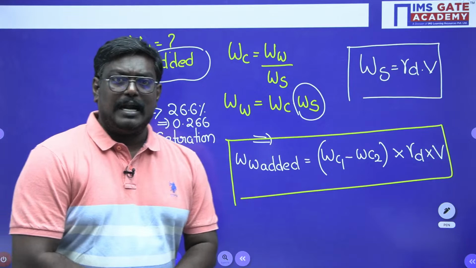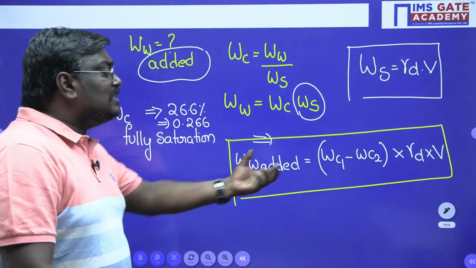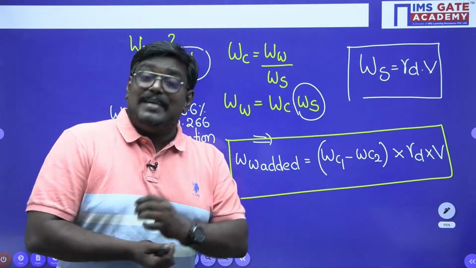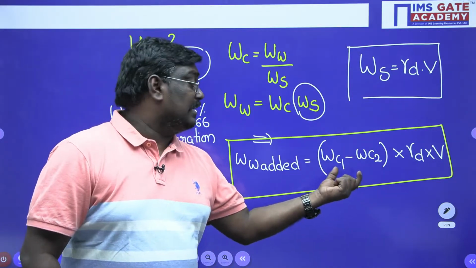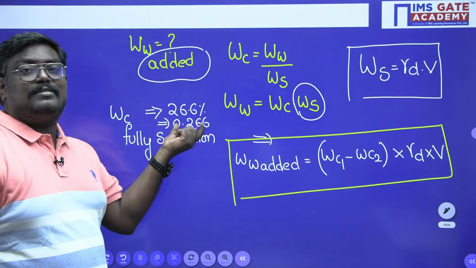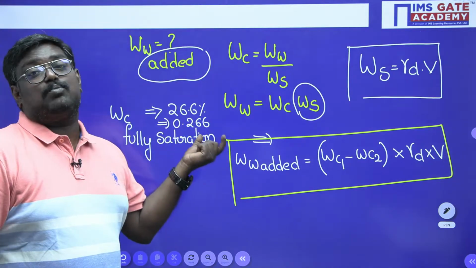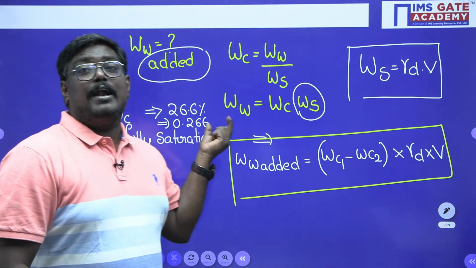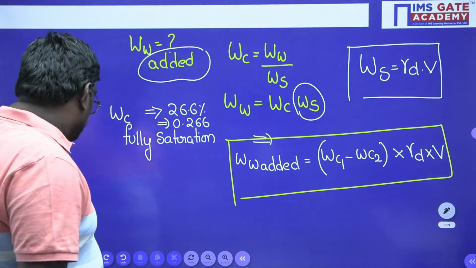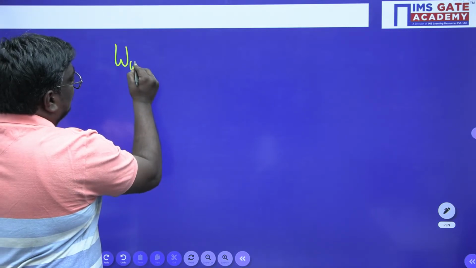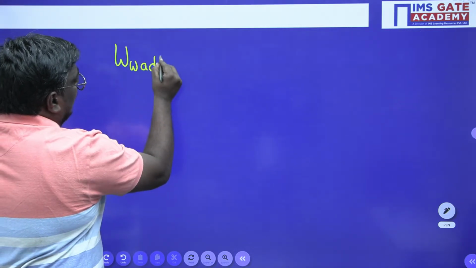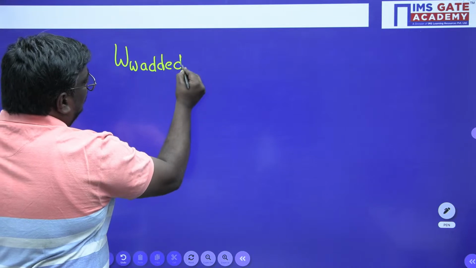Are you clear, students? So let us see what is the initial water content. They have given the initial water content as how much? It has been given as 12%, and the water content at fully saturated is 26.6 percent or 0.266. Agree, students? So the weight of water to be added is given as water content 1, how much?